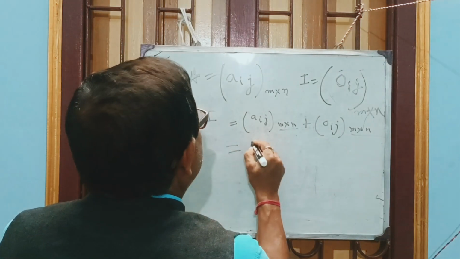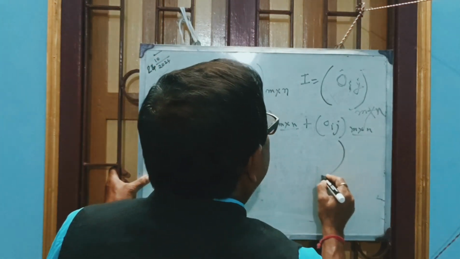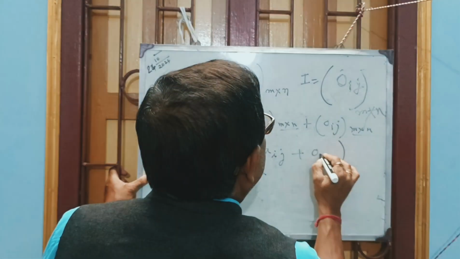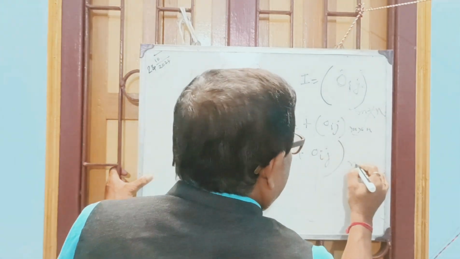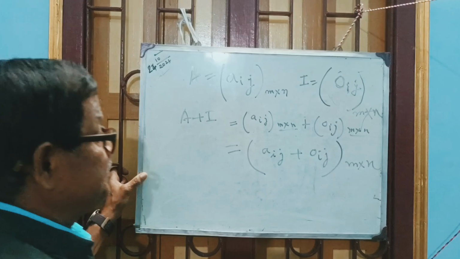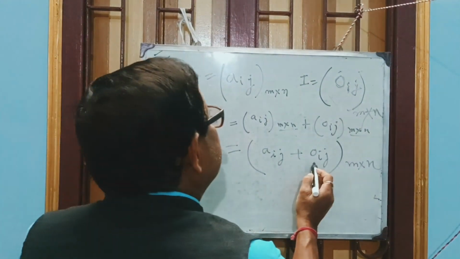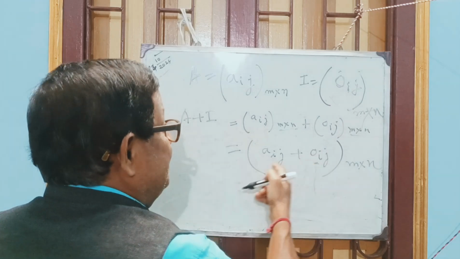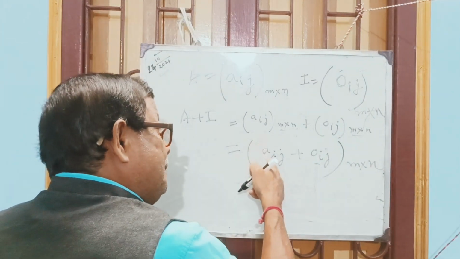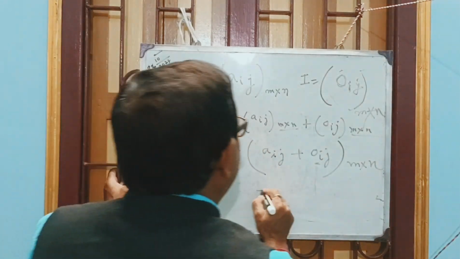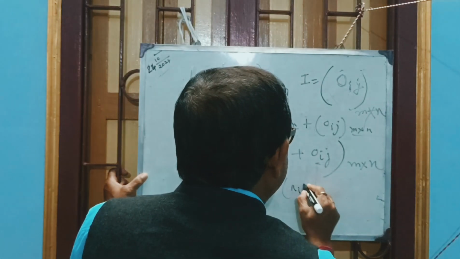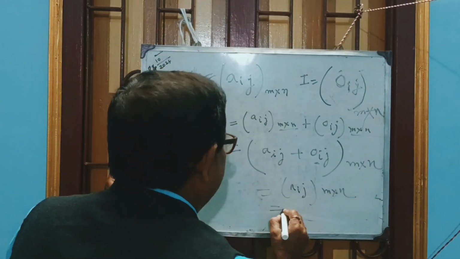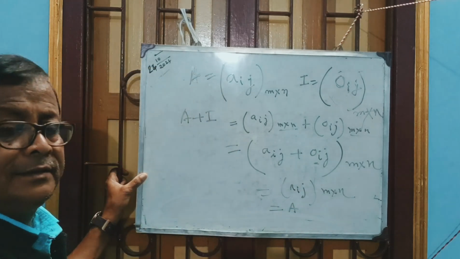The result will be a_ij plus 0_ij of order m by n, where all elements of the null matrix are 0. Therefore A plus O is equal to A, the original.